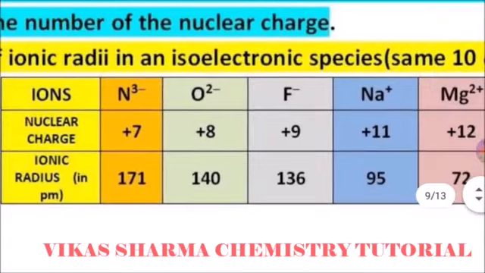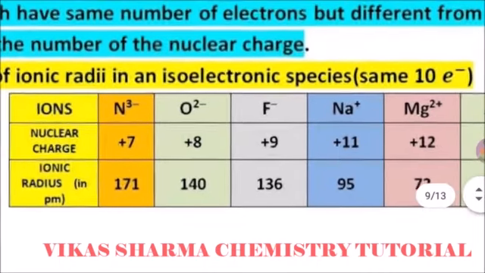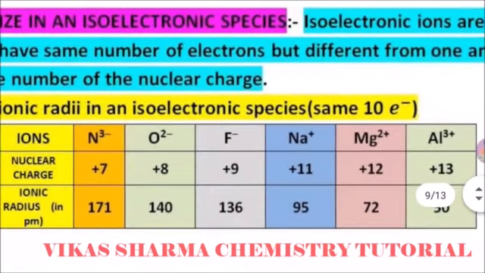It means in anions the size is increased. In isoelectronic species, if the effective nuclear charge is less, the size is increased. Comparing them, nitrogen has nuclear charge plus 7 and its size is greater than all of them, and aluminium has the greatest nuclear charge, plus 13, but its size in the ionic condition is only 50 picometer.